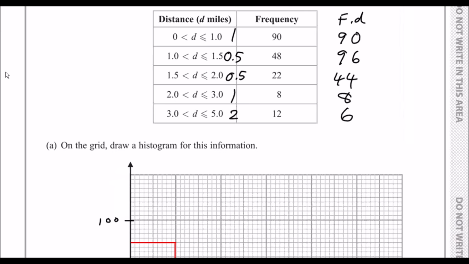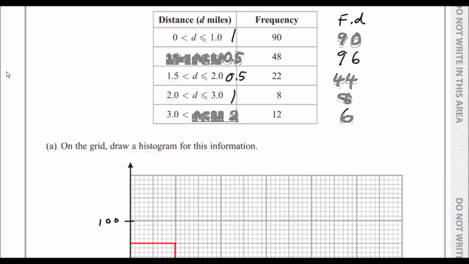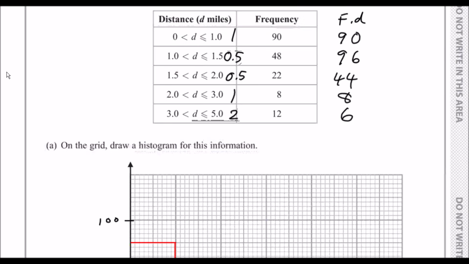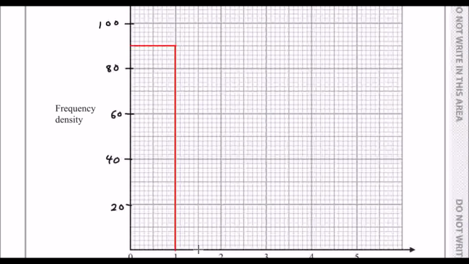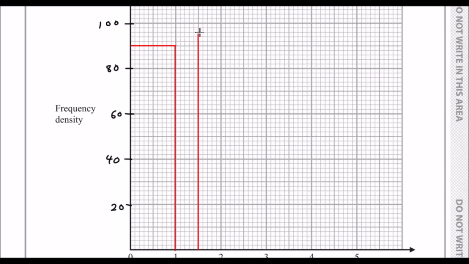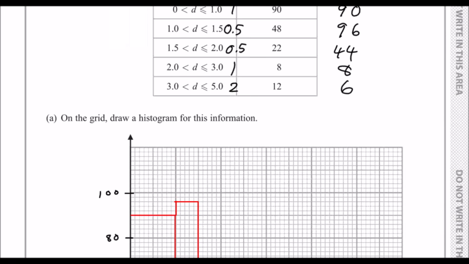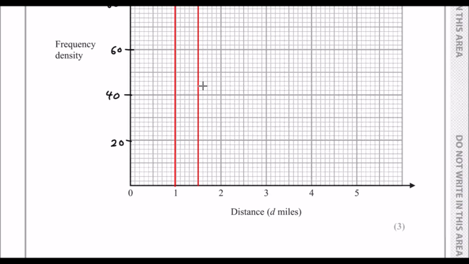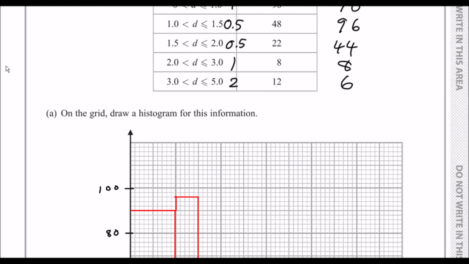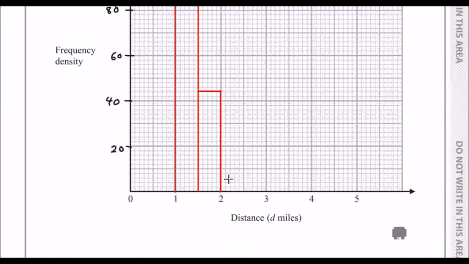Our second bar goes from 1 to 1.5, so it's 0.5 wide and it's got a frequency density of 96. So the 1 to 1.5 bar goes up to 96. 1.5 to 2 goes up to 44. 2 to 3 goes up to 8.